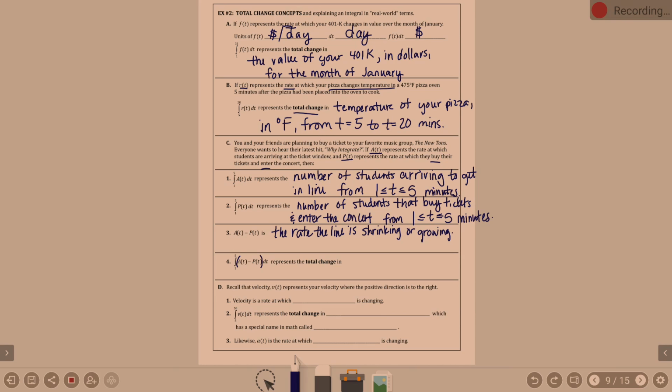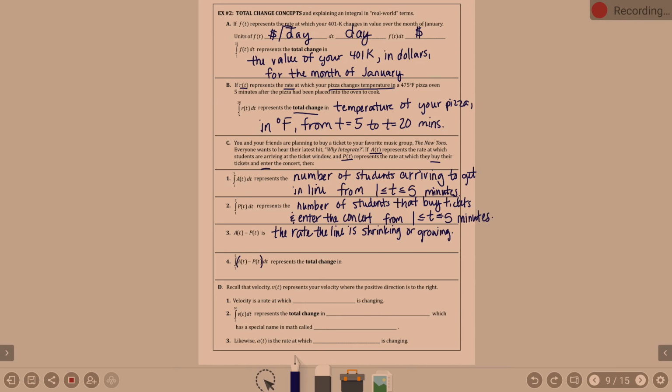Okay. Number of students in line, the length of the line, right? Because this was the rate the line is shrinking or growing. So if we integrate it, it's the number of students in line, or in other words, the length of line. So I have the length of line in students on the interval 1 to 5.